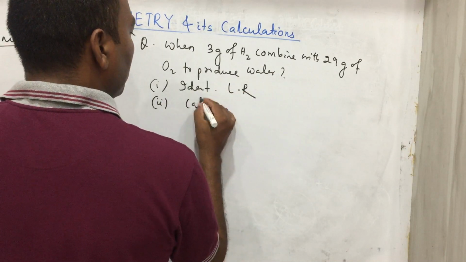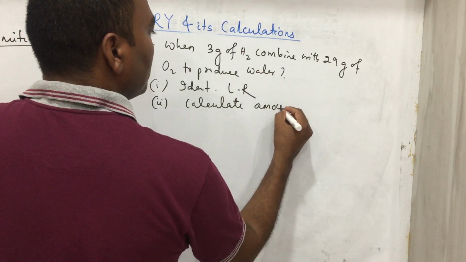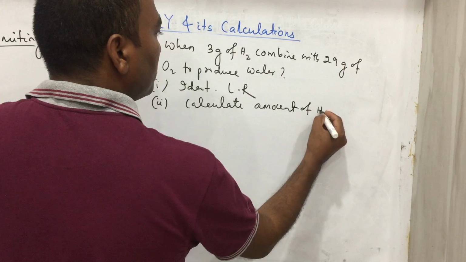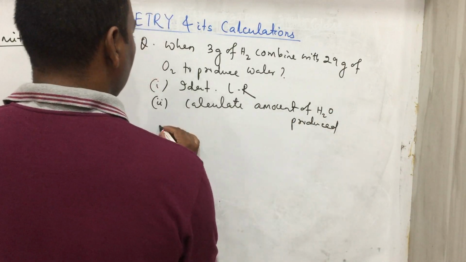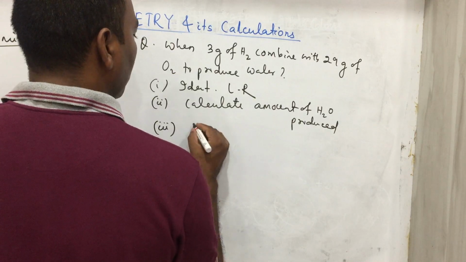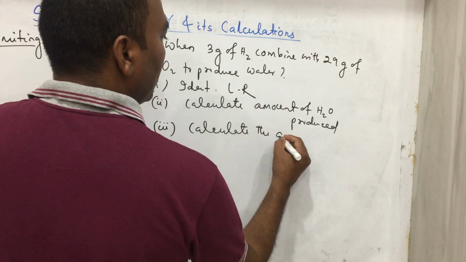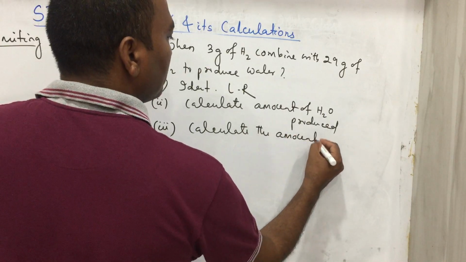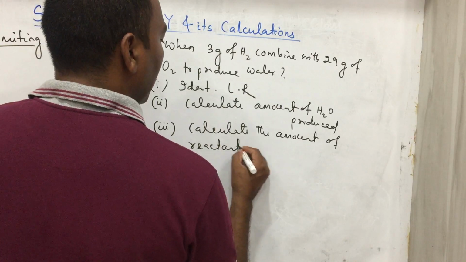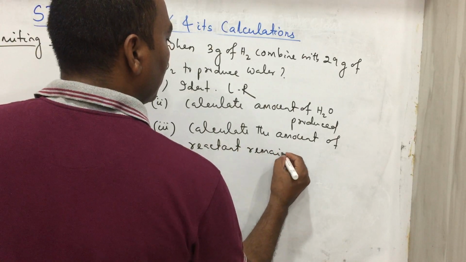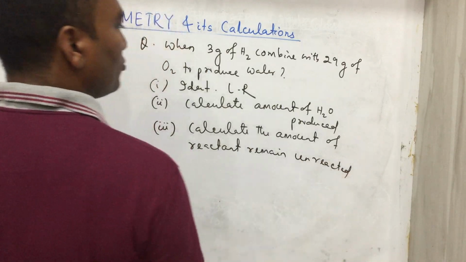Second question, calculate the amount of water produced. And third question, calculate the amount of reactant remaining unreacted. So how can you solve this?